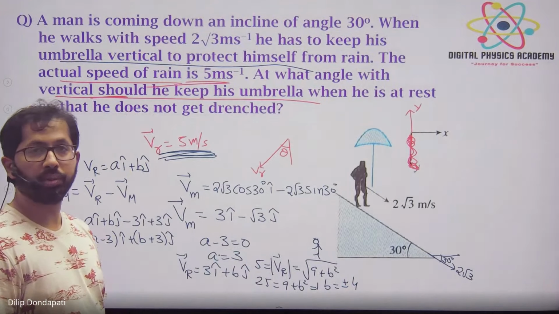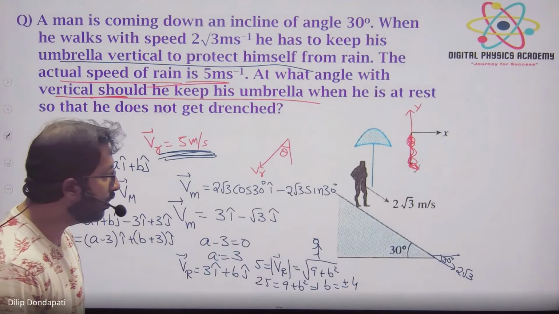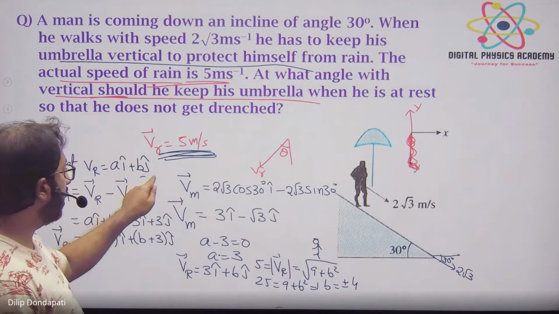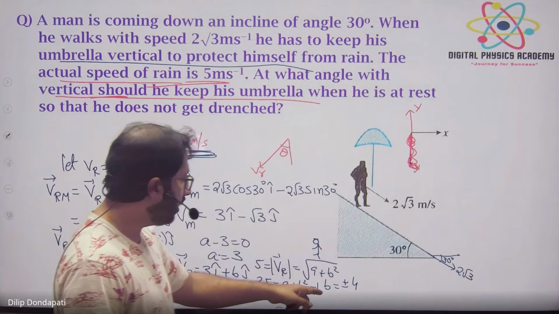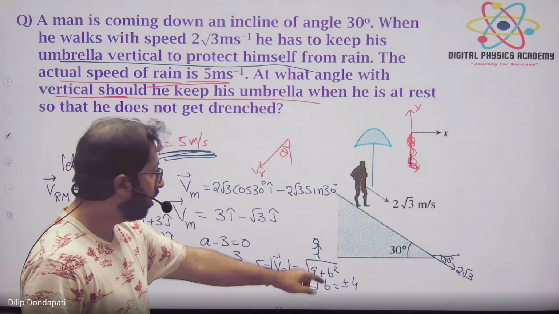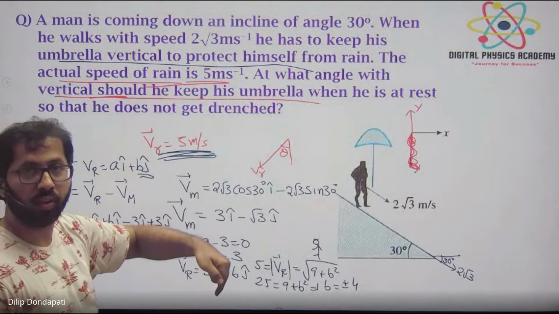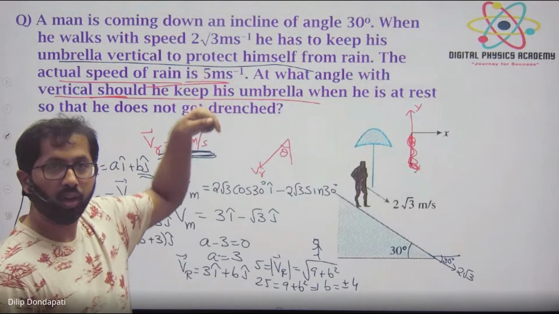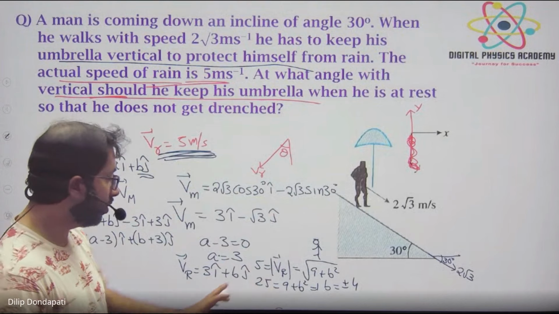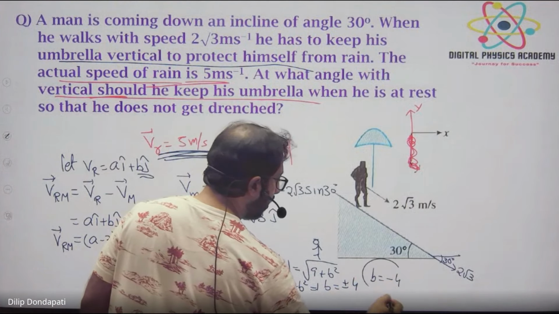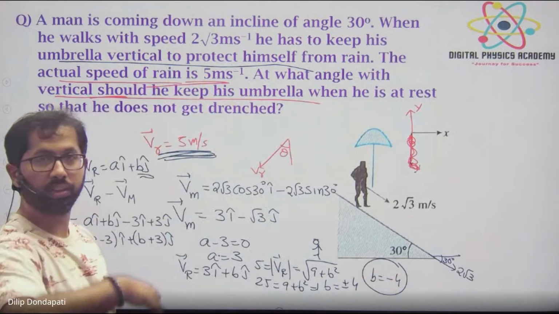Should B be plus 4 or minus 4? B is the y direction component of rain. Rain will fall downwards, so we should take minus, so B is minus 4. Rain is not going up, it is going downwards.